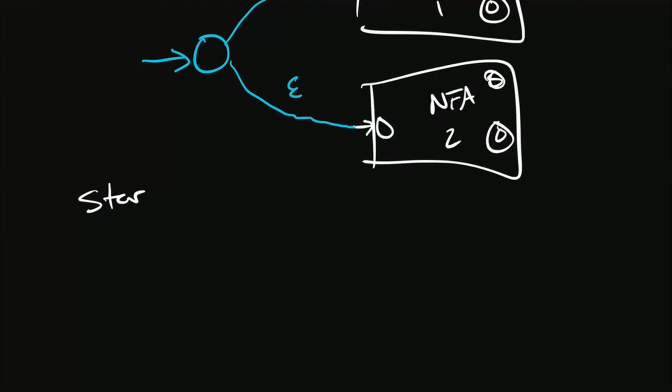What is, informally, what does star mean? So if I have a language A, a set of strings A, and I look at the star of A, informally, what does that mean? I said informally. Yeah, so I want this to be as simple as possible.